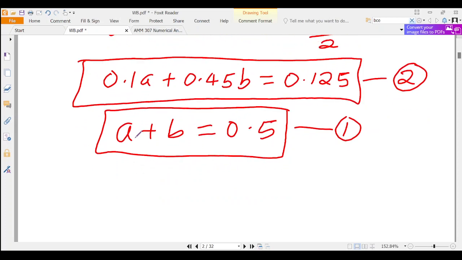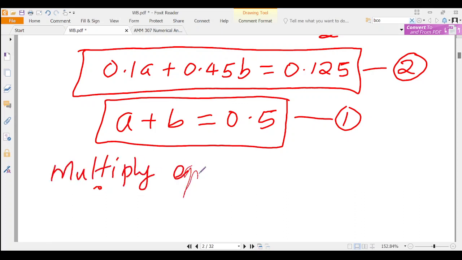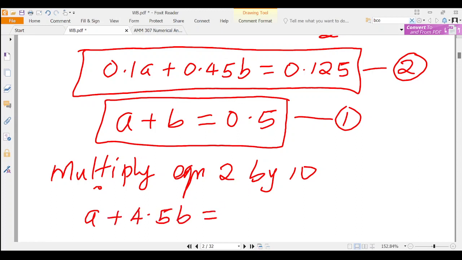If I multiply equation 2 by 10, I will have a plus 4.5b is equal to 1.25.